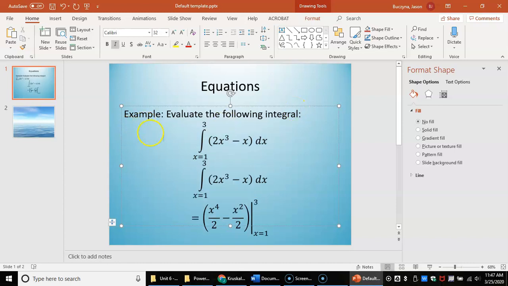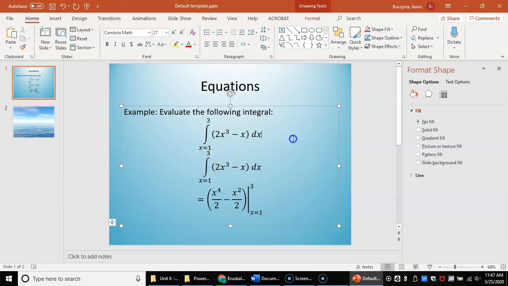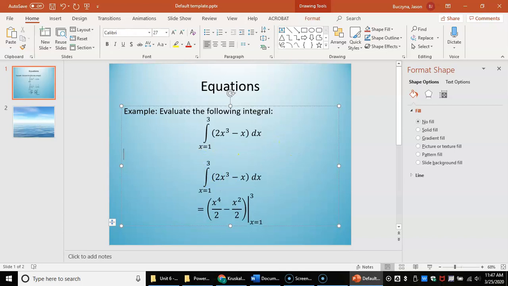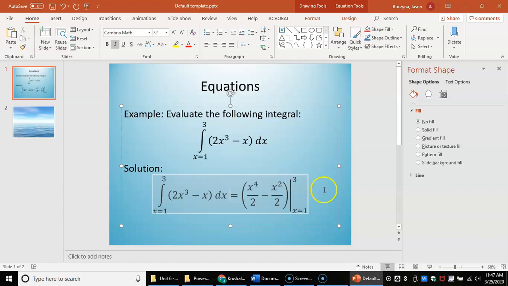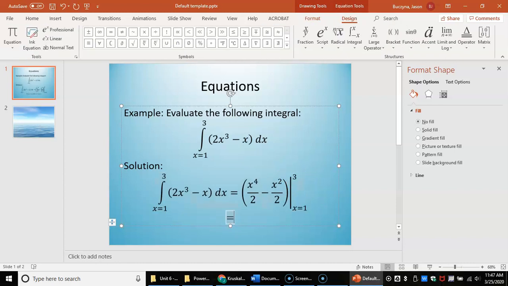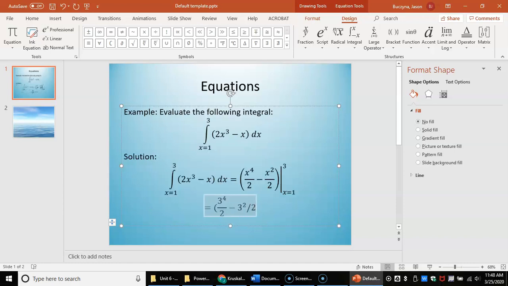And at the beginning here, enter. That puts it in the middle of the line. And now we have solution. So we have the integral. Move this back to the previous line. And now we'll say equals, that's going to be an x to the fourth, well, that's 3 to the fourth over 2, minus 3 squared over 2, minus 1 to the fourth over 2, minus 1 squared over 2, equals 3 to the fourth is 81.